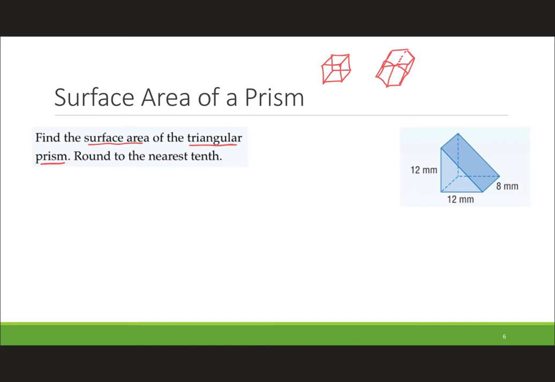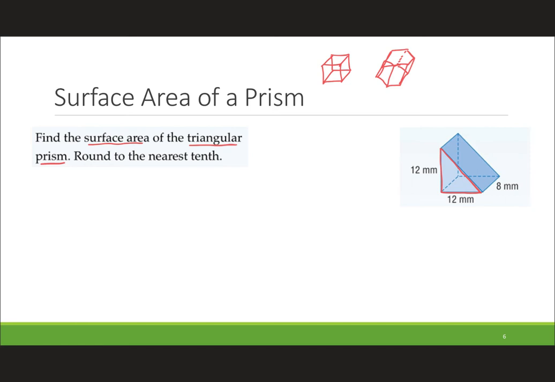And you get the point. Prisms are always named based on the bases. So you can always tell which one is your base and which one is your lateral area, or your lateral faces. So in this one, I have a triangular prism. So the triangles are my bases.